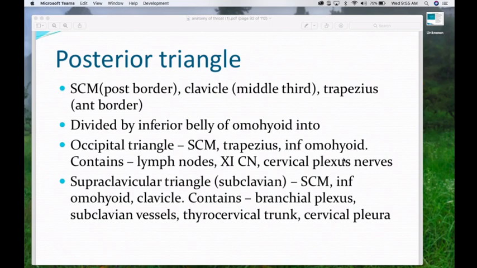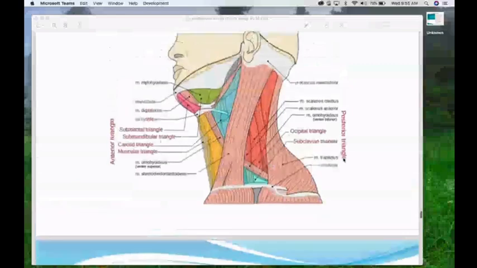The occipital triangle has sternocleidomastoid, trapezius, and inferior omohyoid, lymph nodes, and cranial nerve. And the supraclavicular triangle is made by sternocleidomastoid, inferior omohyoid, and clavicle, and it contains brachial plexus, subclavian vessel, thyrocervical trunk, and cervical plexus. And I will show you.